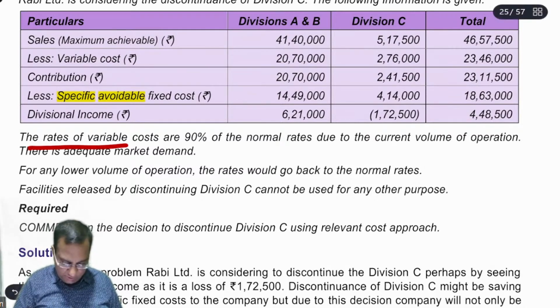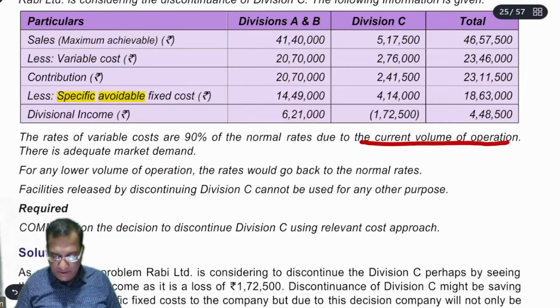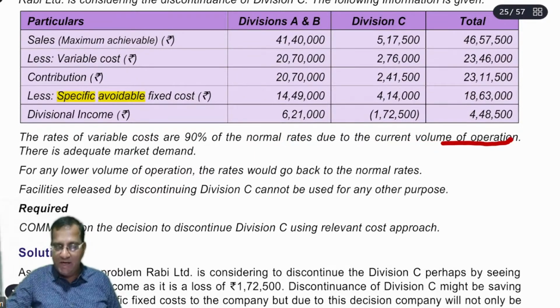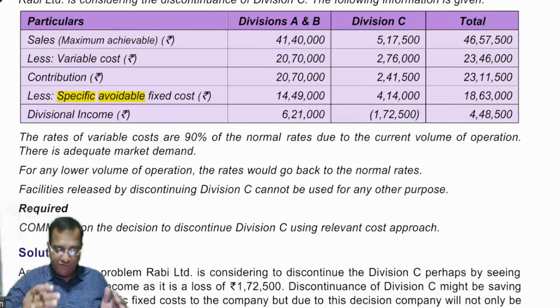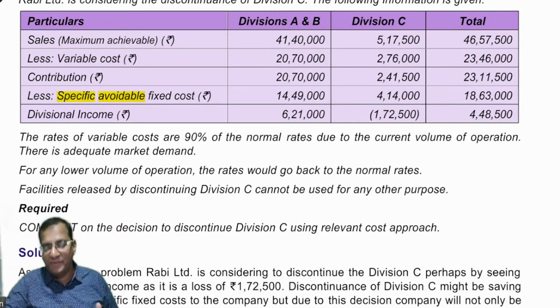Right now, we are dealing with three departments: Department A, Department B, and Department C. So this current volume of operation entitles our variable cost to be lower by 10%.